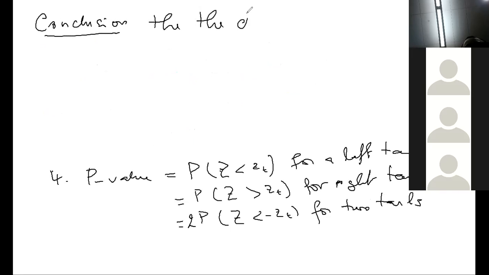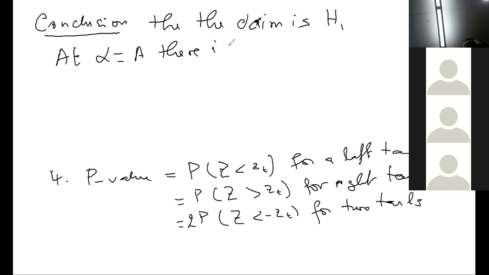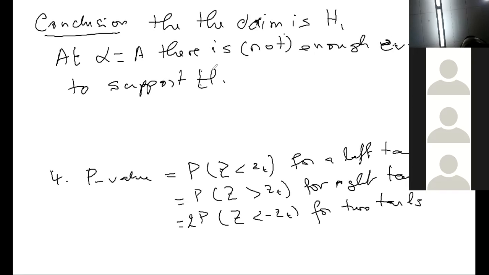If the claim is H1, which happens most of the time, not all the time, based on your decision, you will say at alpha equals to maybe A, there is or there is not enough evidence, or significant evidence, to support the claim.